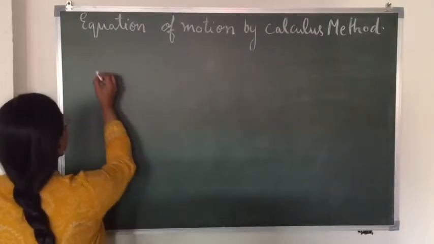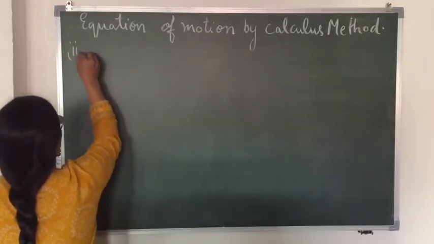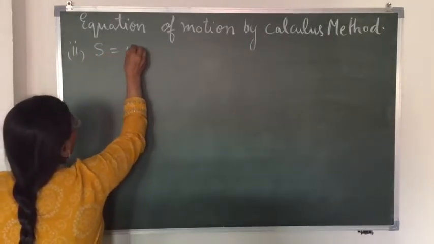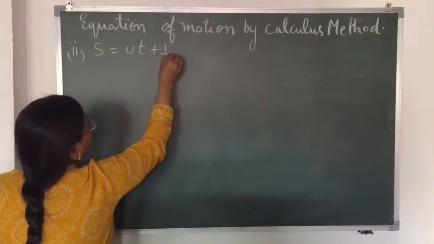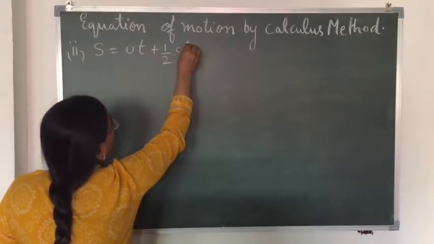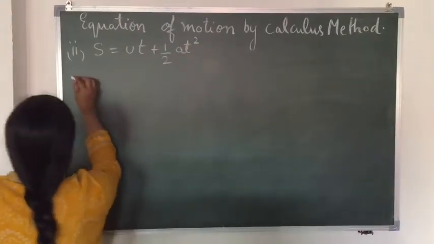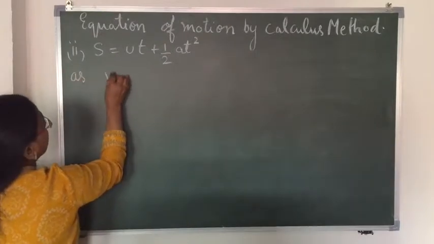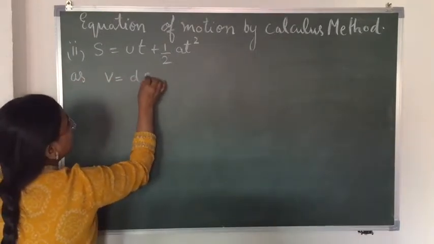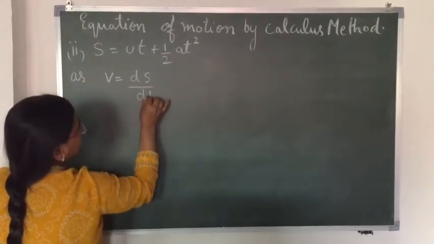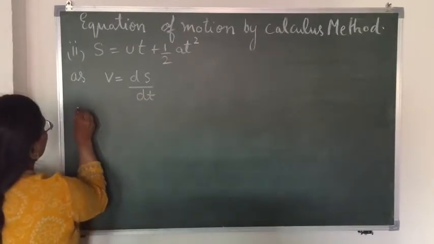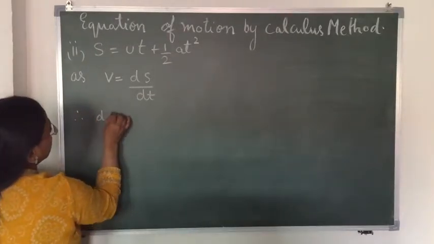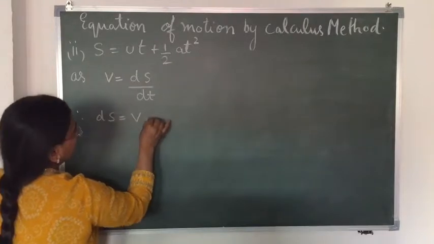Second equation of motion, s = ut + (1/2)at². We have v = ds by dt. Therefore, ds = v dt.